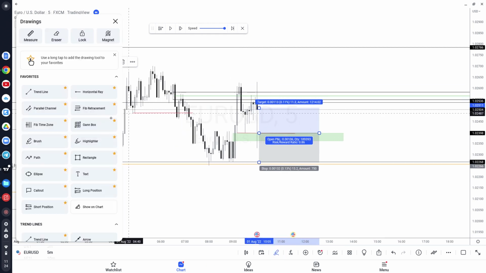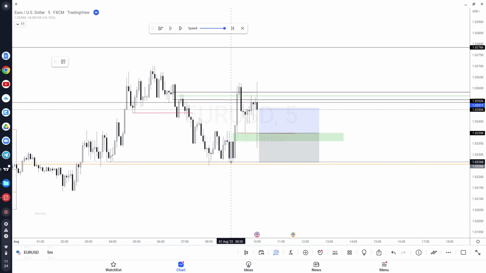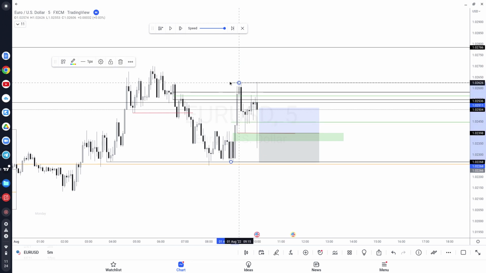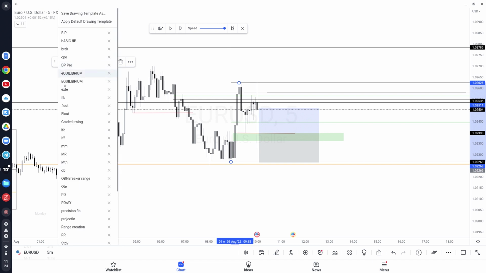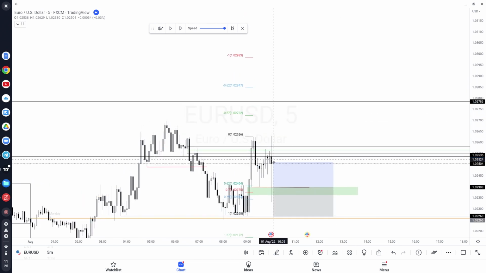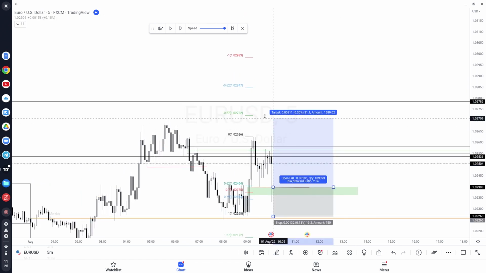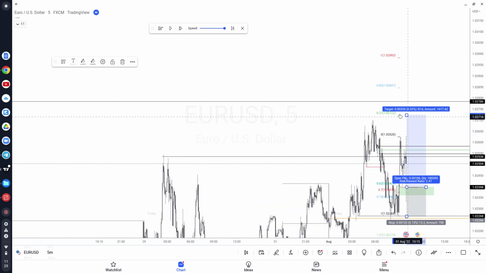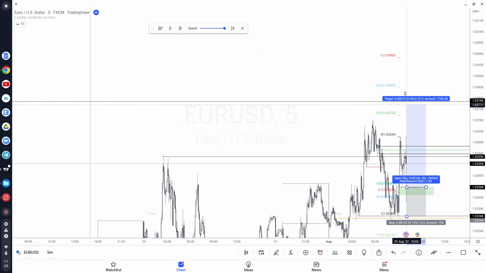And then if you were to use fib extensions, right, understand that we use fib extensions for targets. And you would ultimately take profit here, and you align these fib extensions with significant liquidity pools.